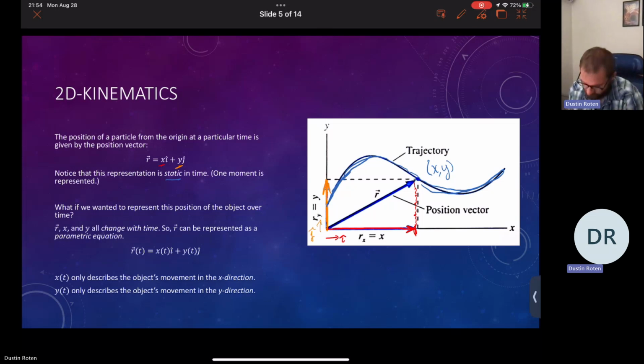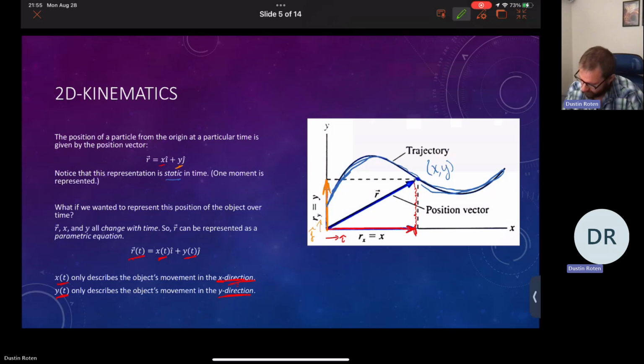The idea here is that we're going to let this evolve over time. r is a function of t, and that means our x position and our y position are also going to evolve over time, so now they become functions of time. x of t only describes the object's movement in the x direction, and in the same way, y of t only describes the object's up-down motion, or the y direction.